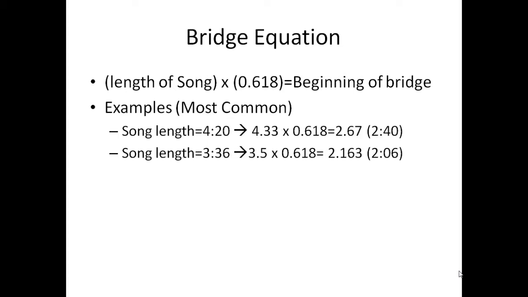And again, we have to convert that value into minutes. 2 and 1/10 of a minute equals 2 minutes and 6 seconds. And that's where our bridge should come in for a song that's 3 minutes and 36 seconds. And this is the bridge equation. Again, taking it back to the numerology of it, unifying man into new beginnings.